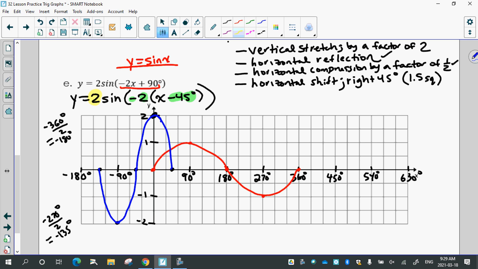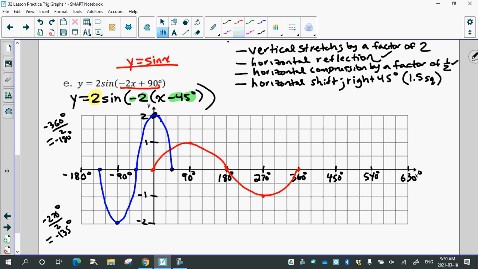Okay. Now I want to make sure I've got a consistent pattern and draw in another cycle. So my pattern seems to be over 1.5 down 4, over 1.5 up 4, over 1.5 up 4, over 1.5 down 4.